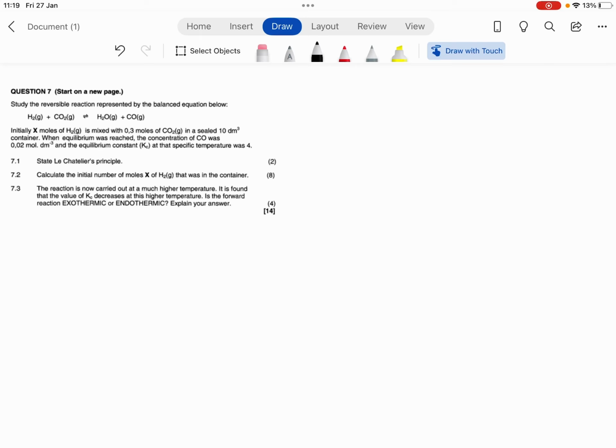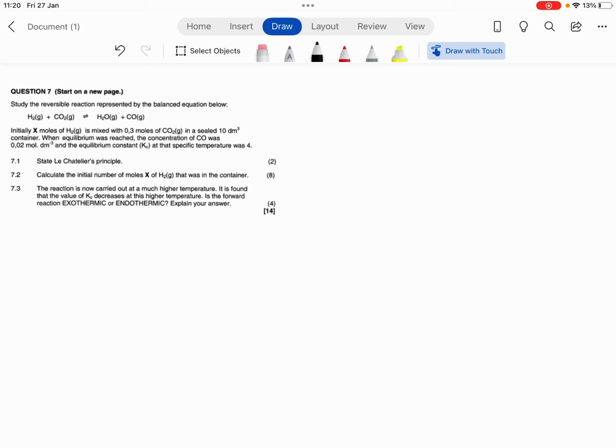For example, if the concentration of one thing was suddenly increased, the system is going to try and decrease that. If the temperature was suddenly increased, it's going to try and decrease that, and vice versa. So it's basically a type of stabilizing principle. It likes to have it so that there's no major changes in either the reactant or product, and whatever disturbance does take place, we want it to be rectified as soon as possible. So that is Le Chatelier's principle.